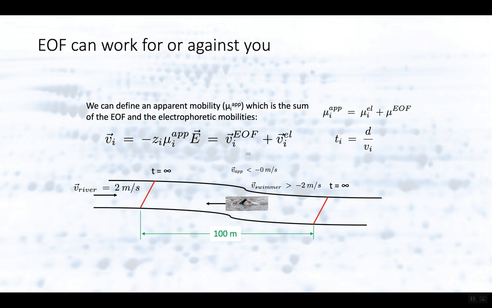If it's going towards the cathode, it's negatively charged. And it is possible to reverse the EOF with certain coatings so that it moves from anode to cathode. But the natural movement is from cathode to anode in almost every type of electrophoretic flow channel that you can create.